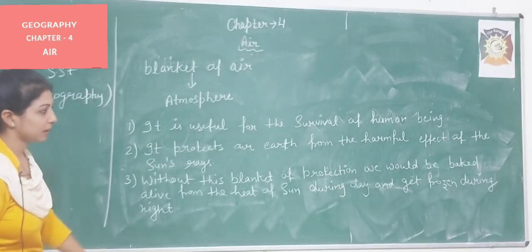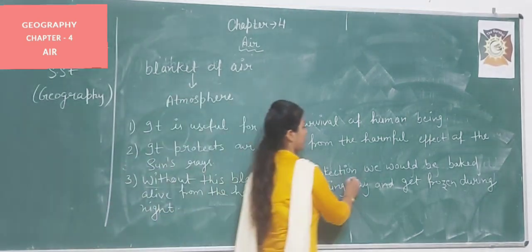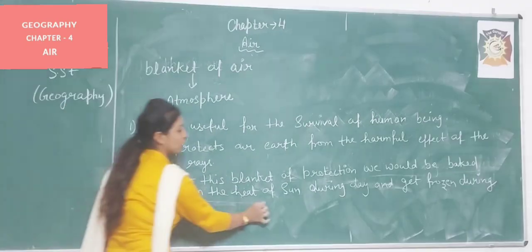I think you are understanding the line before the word and. The line is, without this blanket of protection, we would be baked alive from the heat of the sun during the day.